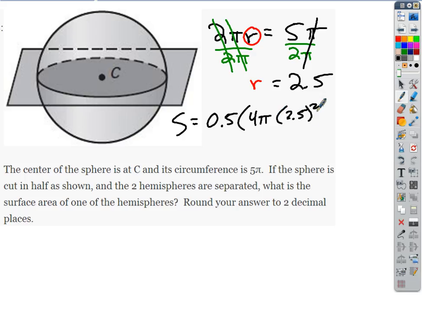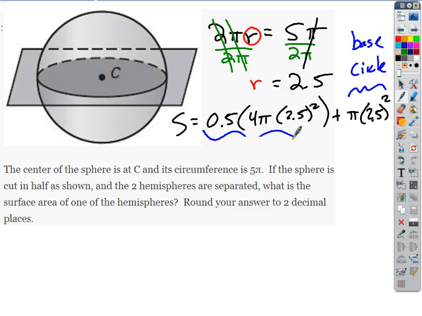Because this is the circle, the base, right? And this part right here is just half of the surface of the sphere, hemisphere, right? Okay, so we can throw all that stuff in our calculator and make short work of it, no big deal.